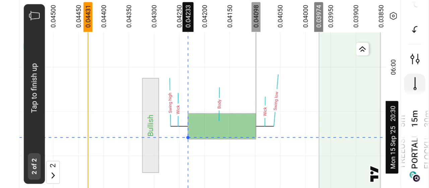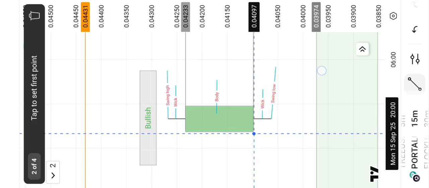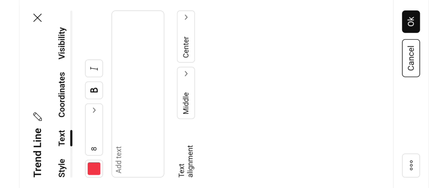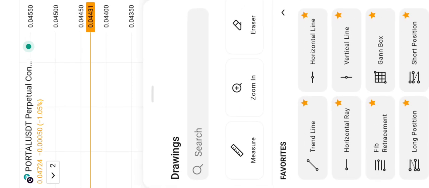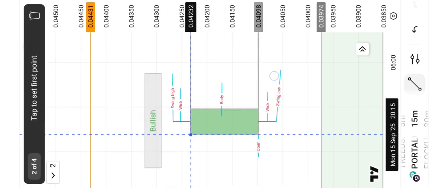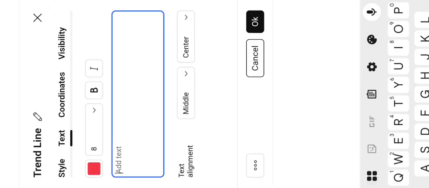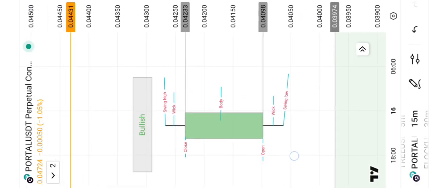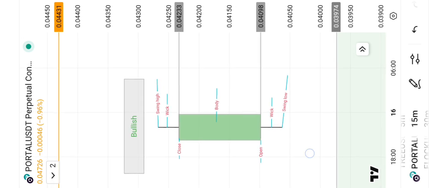So a bullish candle opens at the bottom, then it closes at the top. So these are all the components of a bullish candle: the body, the wick, the swing high, and the swing low.